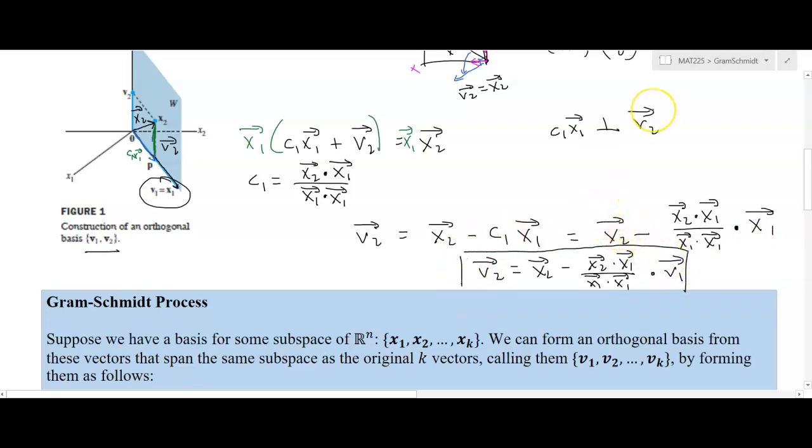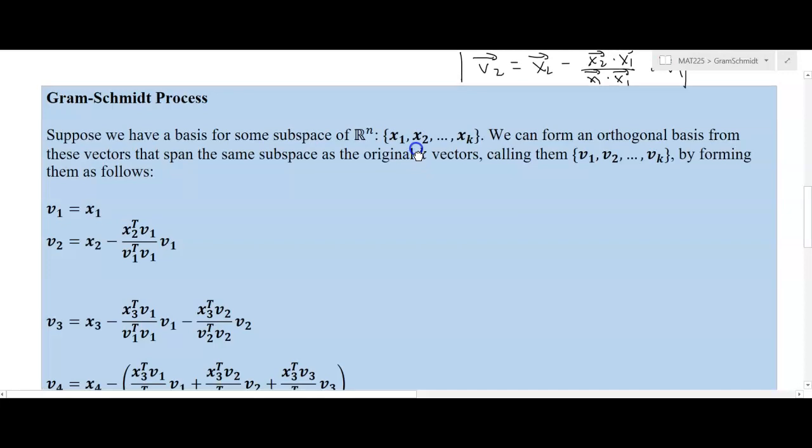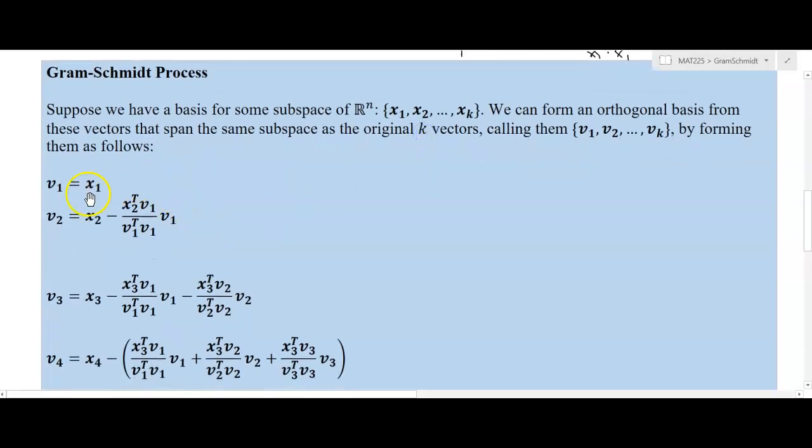Of course, we could be in an n-dimensional space, so maybe we have 10 vectors that span all of 10 dimensions, and we want to rotate 9 of them to make them perpendicular to one another and to the first. So if we continue repeating this process by subtracting off components and dealing with projections, here is our formula.